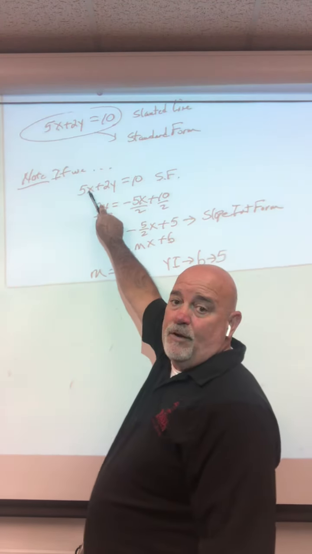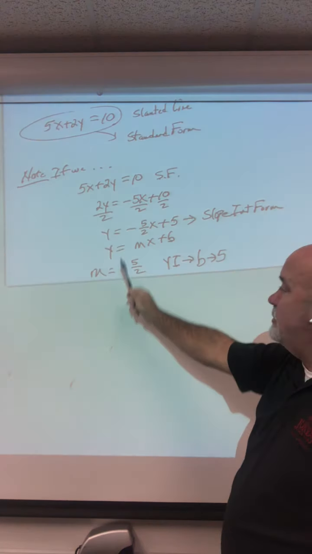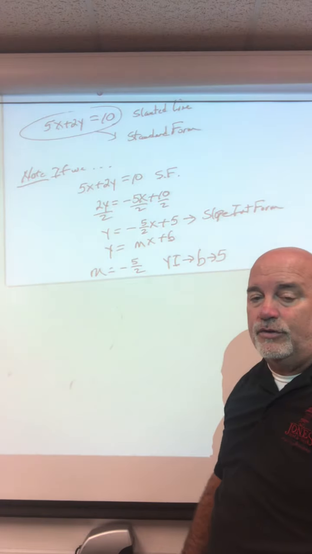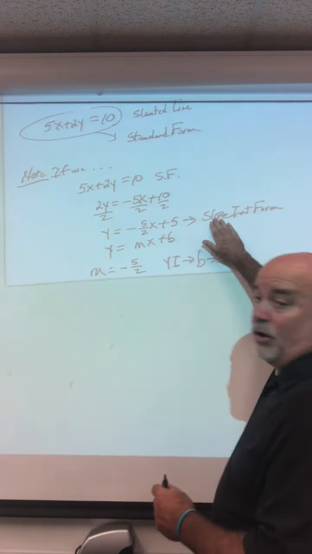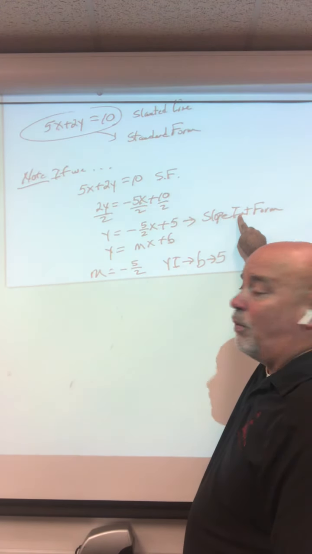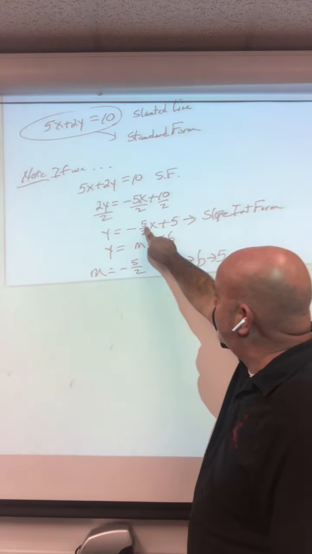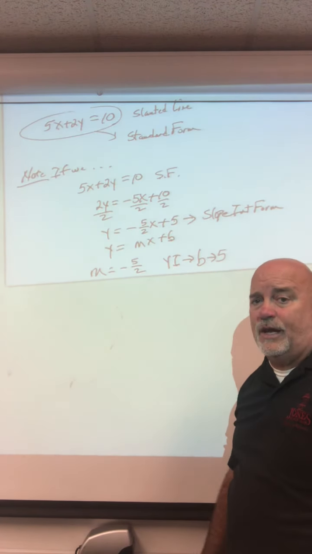Because see what number's in front of x here? 5. That wasn't the slope. So you have to solve it for y first. That's what we call putting it in slope-intercept form. And the intercept that it's referring to is your y-intercept. So this is going to be your slope, and the number on the end is your y-intercept.